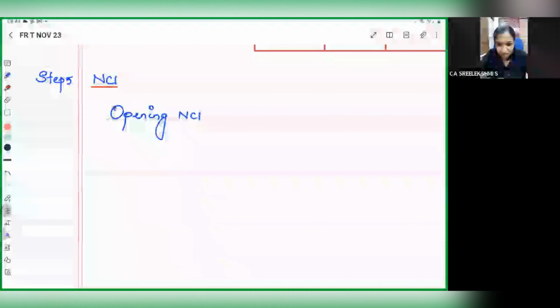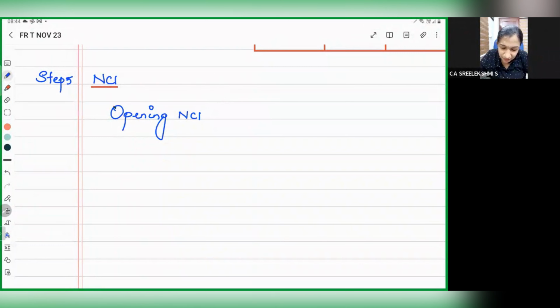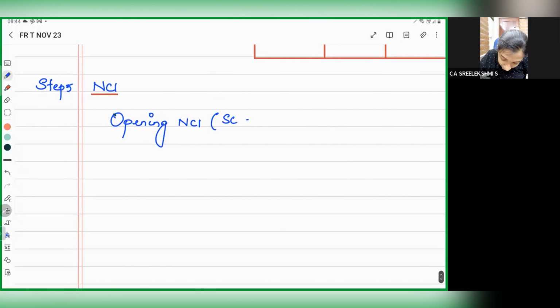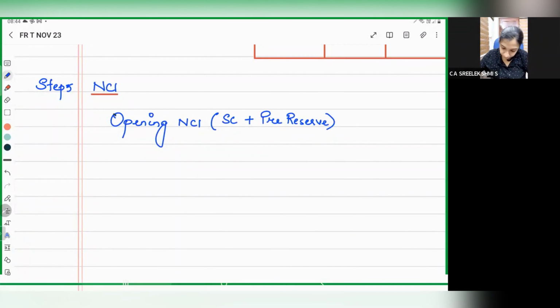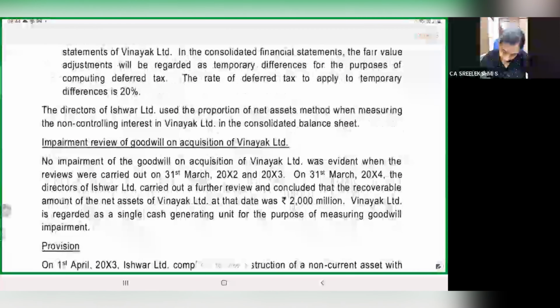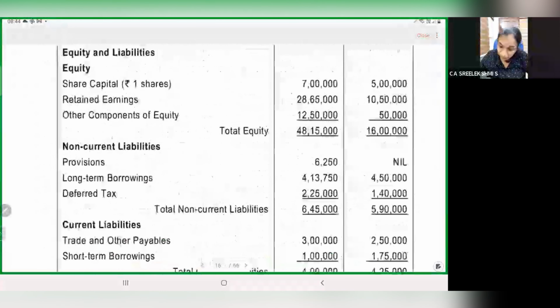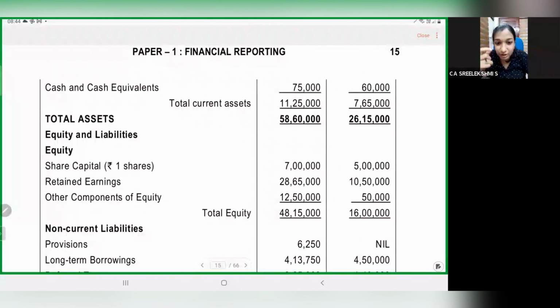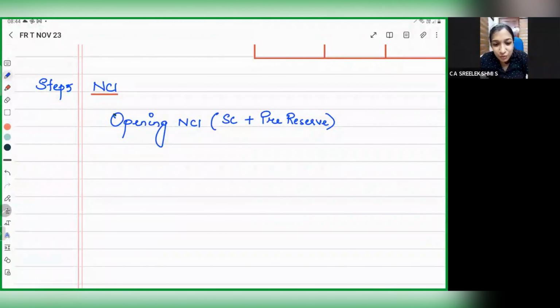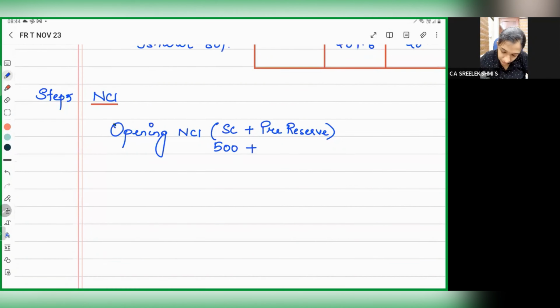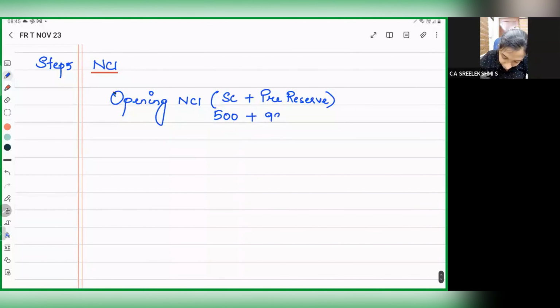So under the proportionate net assets method, opening NCI is share capital plus pre-acquisition reserves. How much is the share capital? 5 lakhs, 500,000. So you should take only 500 million. Once you started with million, then it's million. So 500 million plus pre-acquisition reserves 991 million.